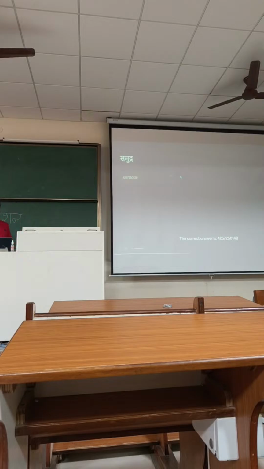So Samudra, there are 4 Samudras, and Sa is 7, Ma is 5, and you have to take Ra, so 2. So it becomes 7, 5, 2. So 4, then 2, 5, 7.